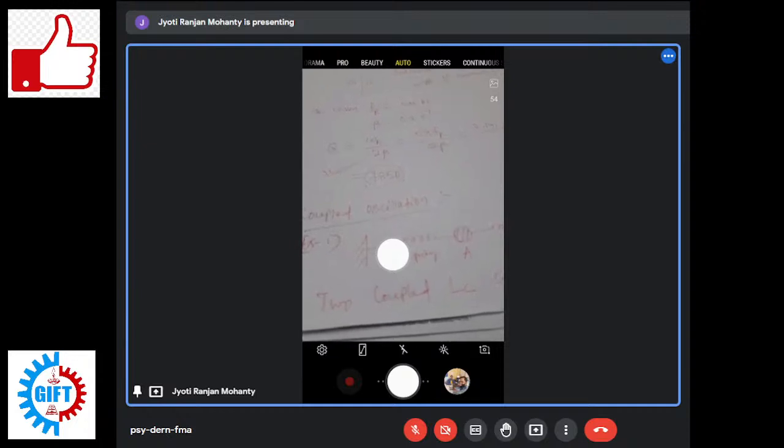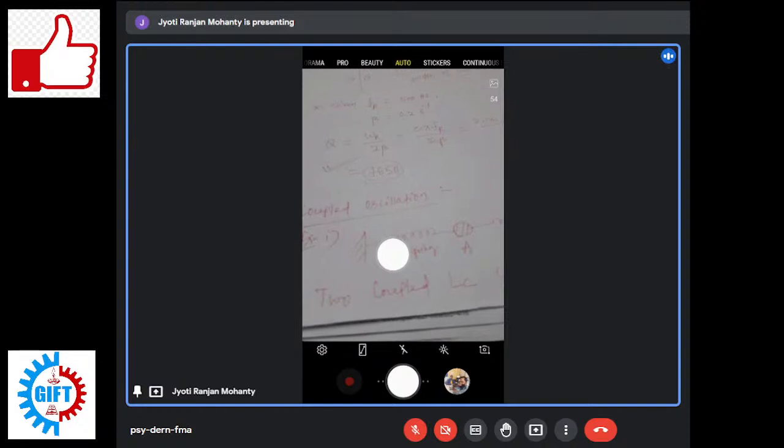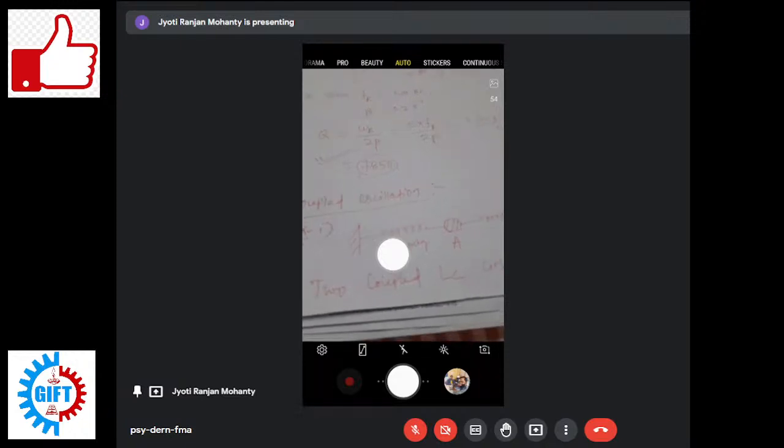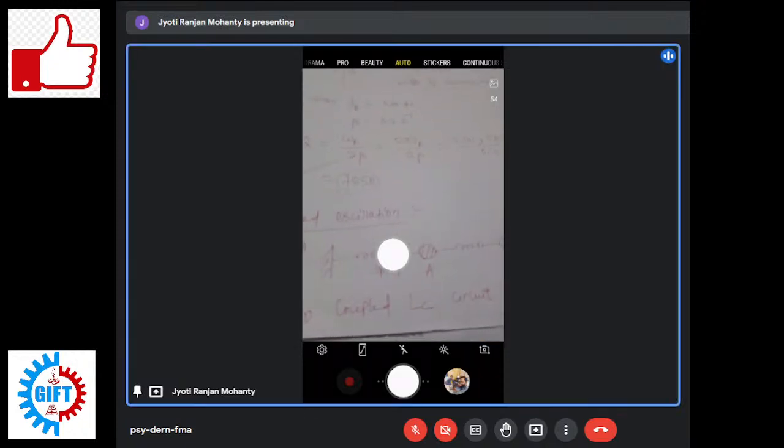Number 2, two coupled LC circuits. What is LC circuit? Inductance और capacitance. Very good. So in case of LC circuit, if you make a circuit having an inductor and a capacitor, due to one, another will oscillate. Okay, that is your coupled oscillation.